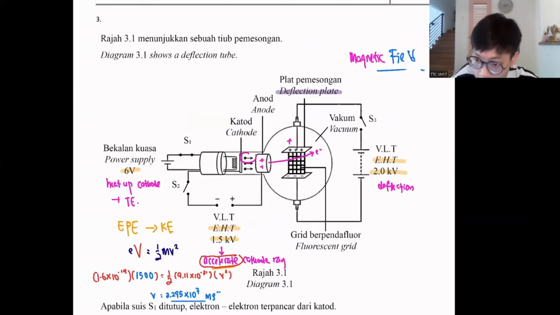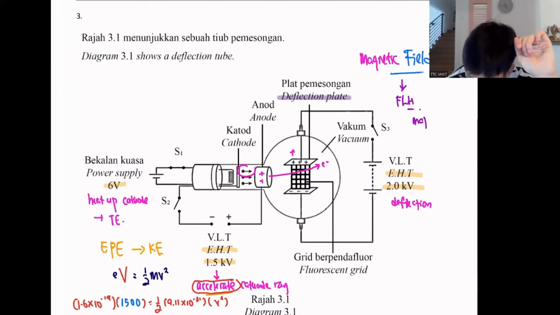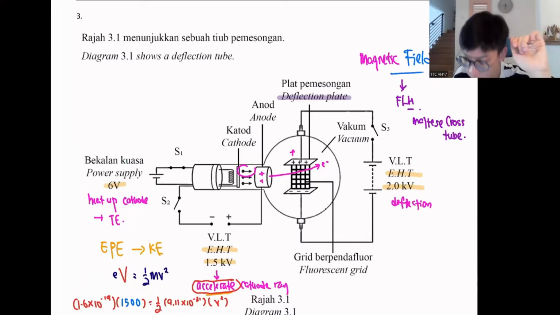Because this is related to Fleming's left-hand rule, and it is also related to the Maltese cross tube. So the idea is this. Now, does anybody have any problem?